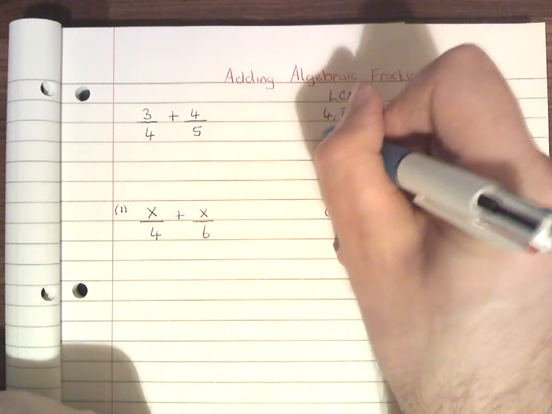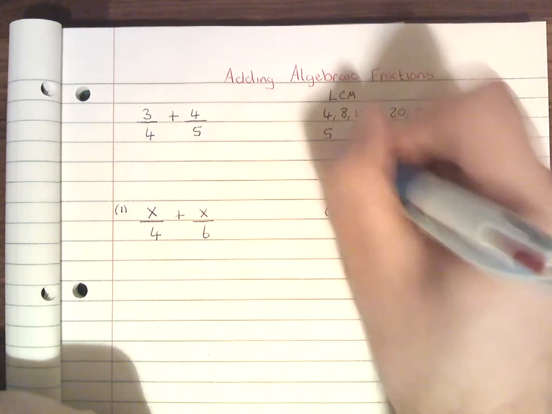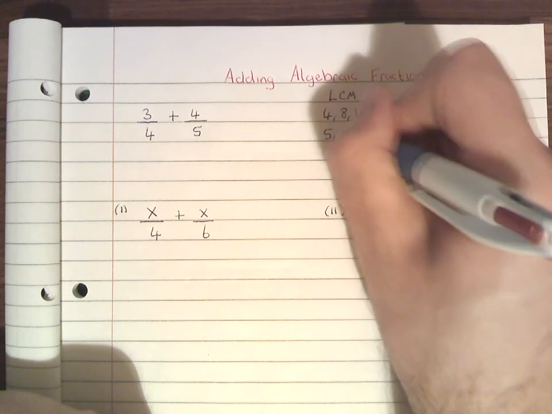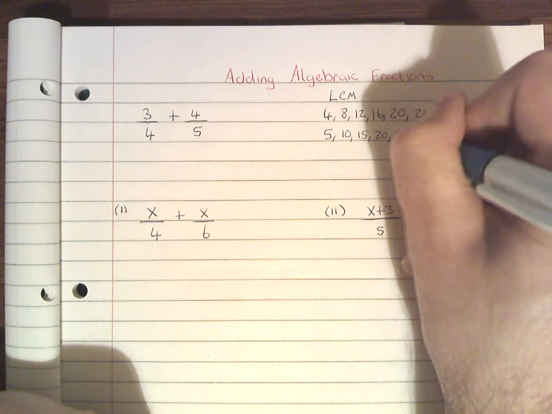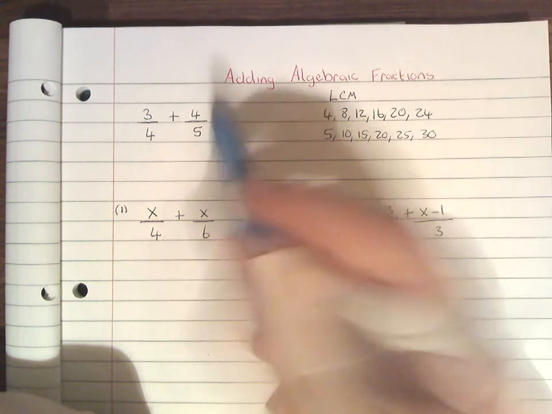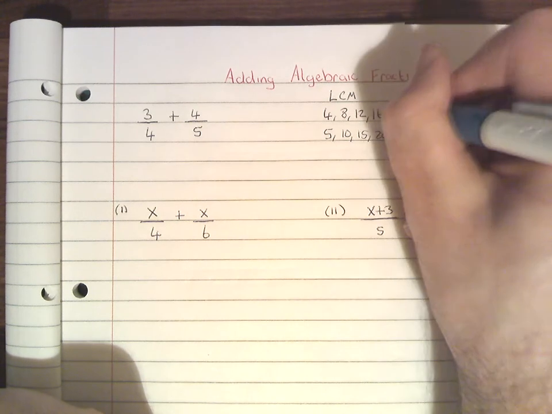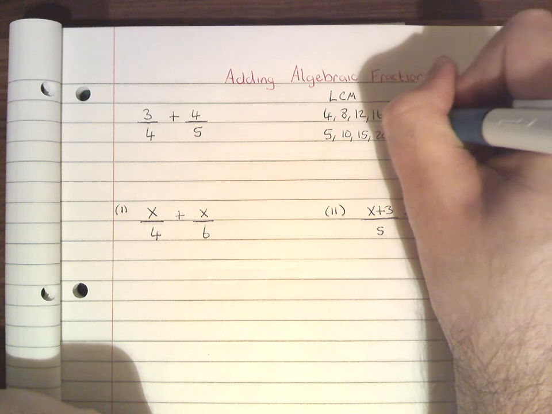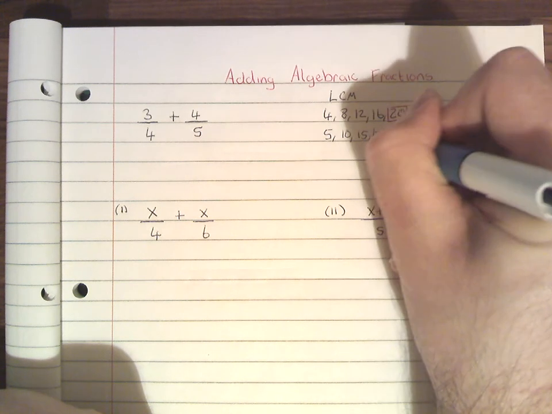Then we look at the multiples of 5. So you have 5, 10, 15, 20, 25, 30. Okay, so those are the multiples of 5. What we can see is the common multiple to both is 20. So 20 is the lowest common multiple for both of those denominators.